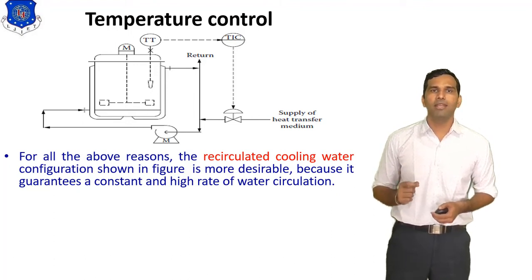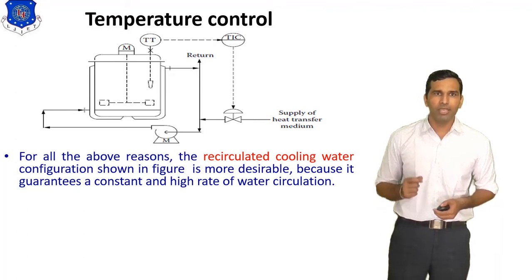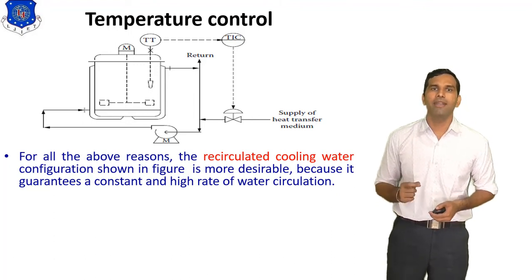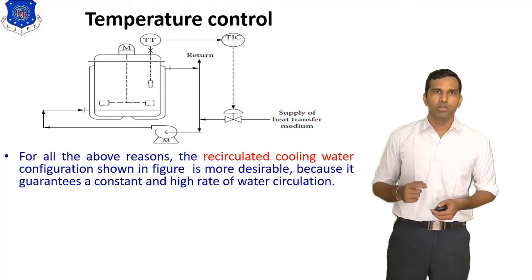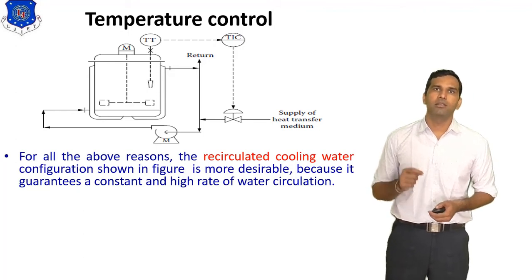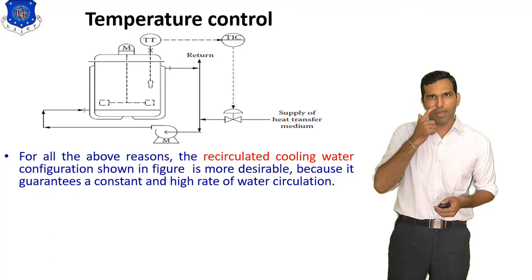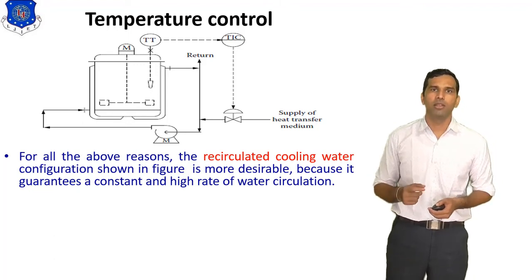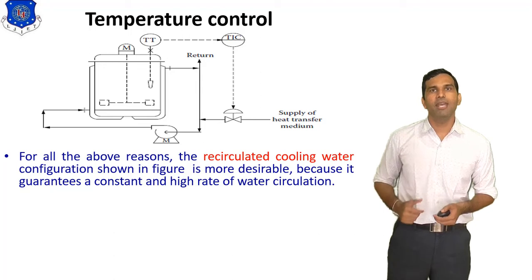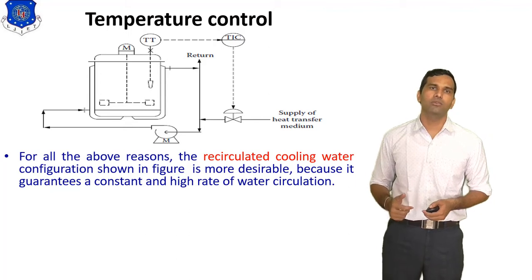Here you can see the temperature transmitter TT transmits the temperature to the temperature controller, and the temperature is controlled using the supply of heat transfer. But here we use a pump. By using the pump we can maintain a constant temperature inside this cooling system.